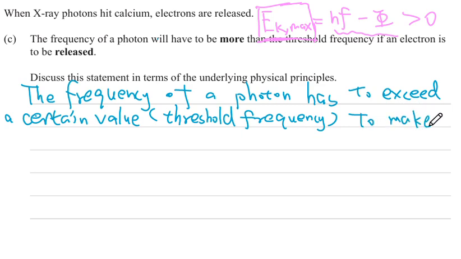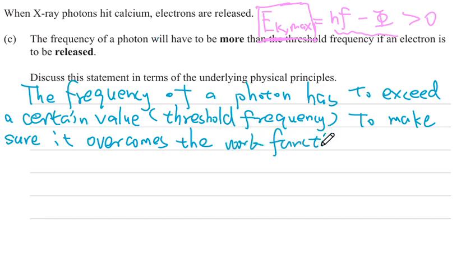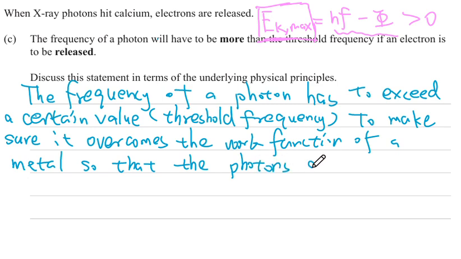To make sure it overcomes the work function of a metal, so that the photons can eject electrons, so that we see this photo emission, so that we see this photoelectric effect.